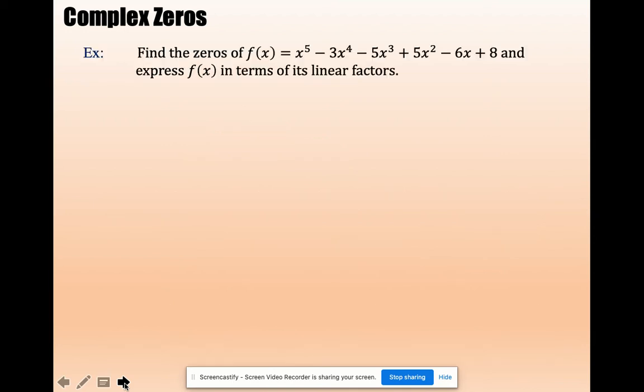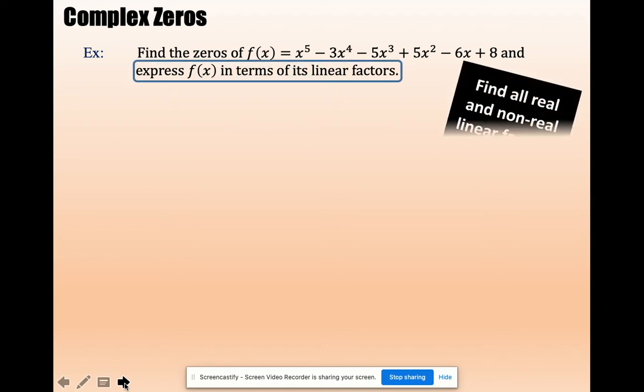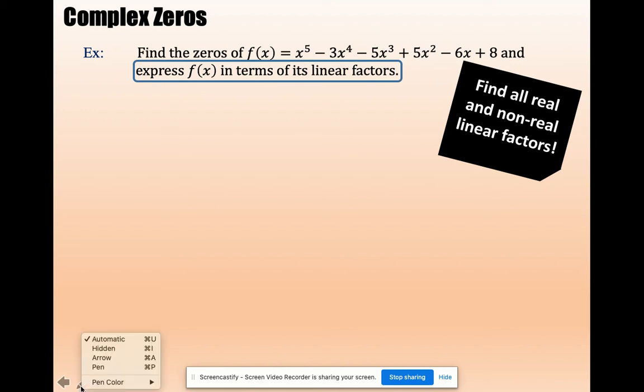So the first example we're going to do here, look at the directions. Find the zeros. I would have to tell you that I want you to include non-reals, right? But we're in that section because I'm dealing with complex zeros, which means real and non-real. Right? So first they said complex zeros, which means both the real and the non-real, right?